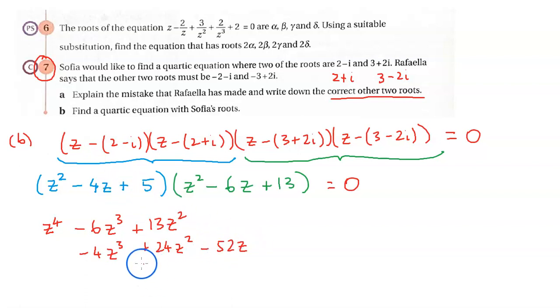And then lastly, plus 5z squared minus 30z, and then plus 65. And this whole thing should equal 0.